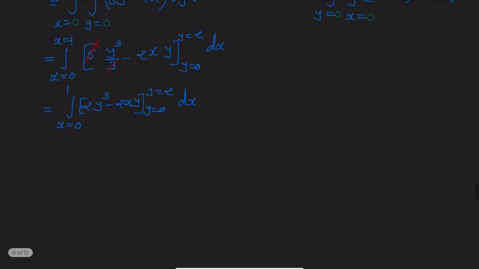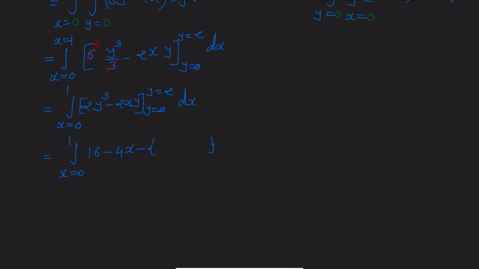Now let us substitute the values of y. When y is equal to 2, 2 cube is 8, 8 into 2 is 16, minus, for y equal to 2, this is 4x, minus sign for lower limit, and I write the values.